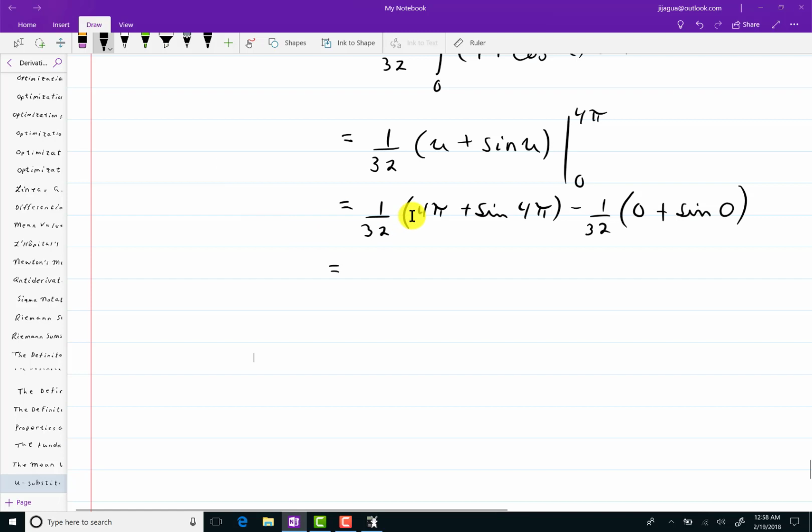Well, what I end up with here is sine of 4 pi is 0. I'm going to write all the details down, so if you just happen to come back and look without actually listening to me, you'll see exactly what all these numbers were. Sine of 0, of course, is 0 also. All I've got left is 4 pi over 32, so I end up with pi over 8.